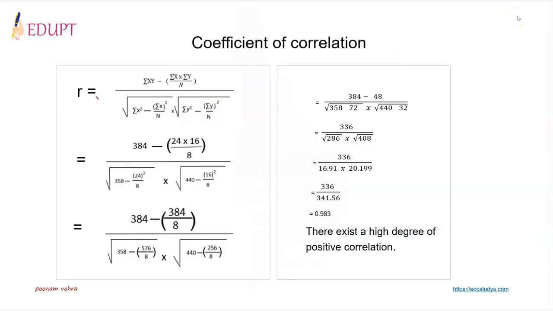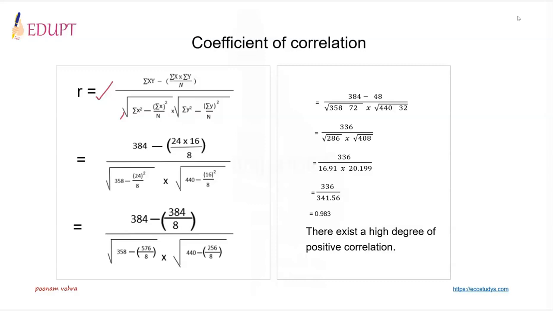The formula to be applied is r is equal to sigma xy minus sigma x into sigma y divided by n, the whole thing to be divided by under root of sigma x square minus sigma x whole square by n, into sigma y square minus sigma y whole square by n. And we have found all these values.